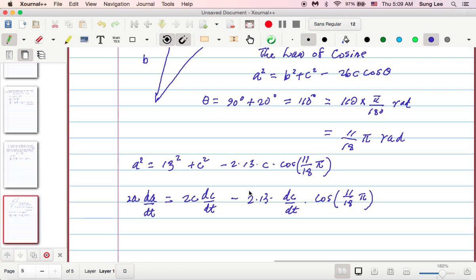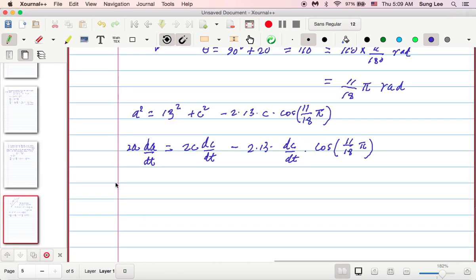So divide this result by 2A. We have dA/dt equals c over A times dc/dt, minus 13 over A times dc/dt times cosine of 11 over 18 pi.